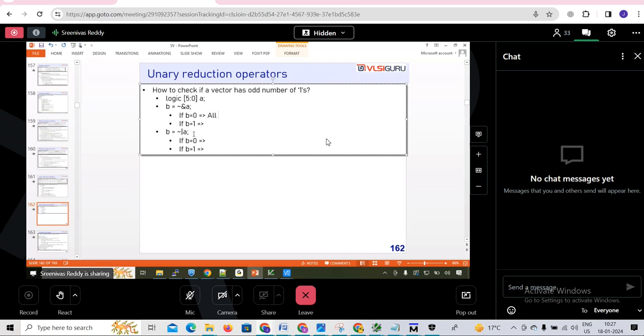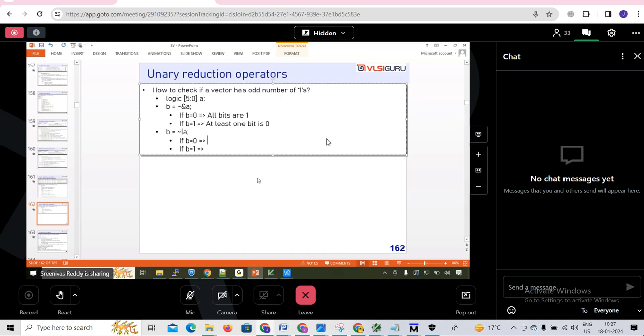All bits are 1. All bits are 1. It will come as 1 and the output will come as 0. Okay. What does it indicate? At least one bit is 0. You agree with that? At least one bit is 0.